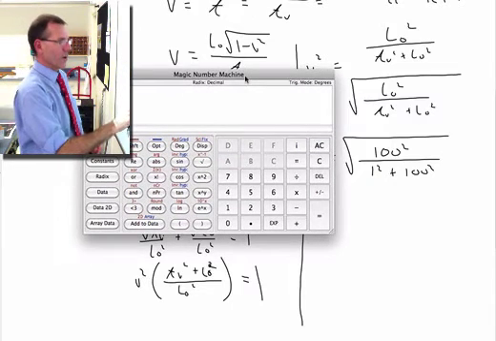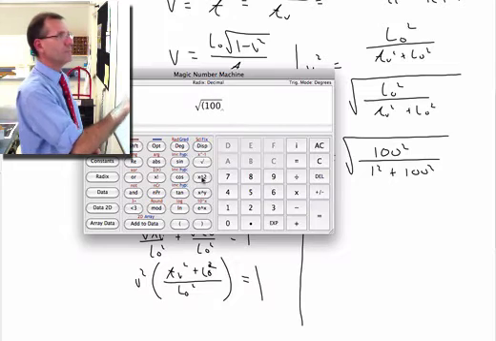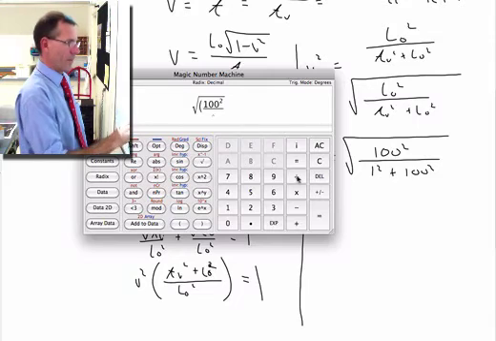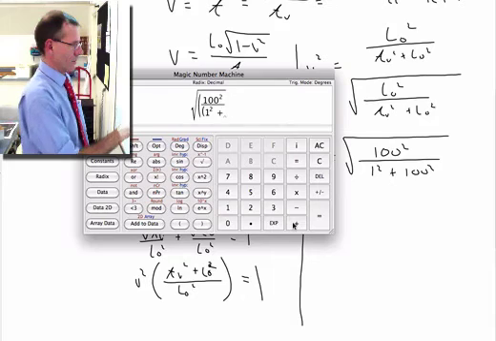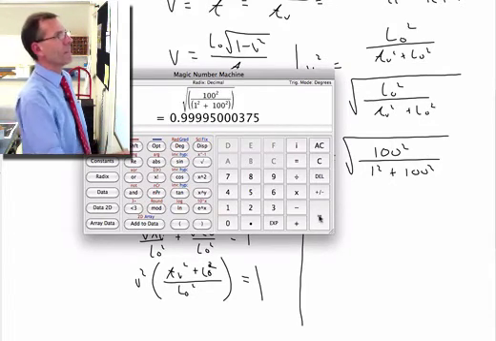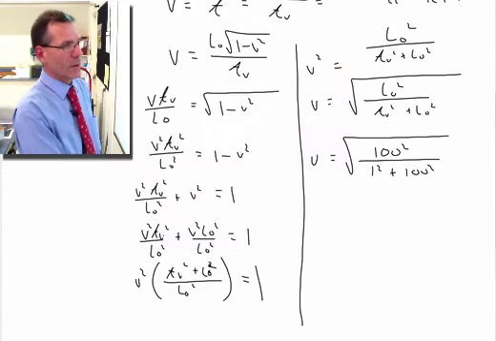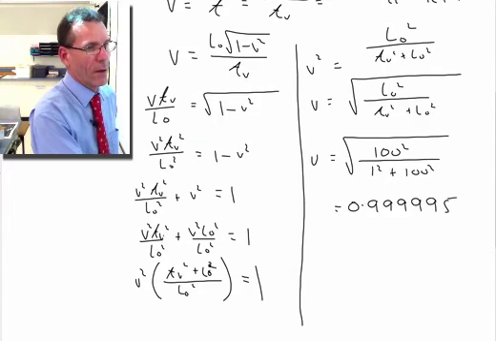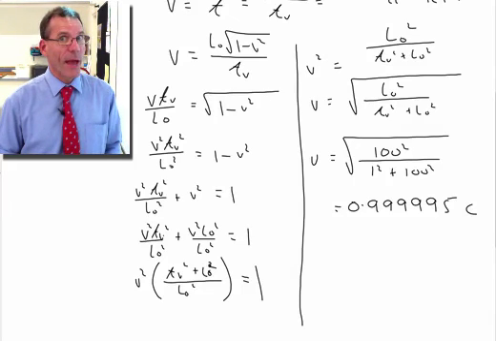We want the square root of... Okay, there's our velocity. We're going to have to travel pretty fast if we're going to get this sick patient back in a year.